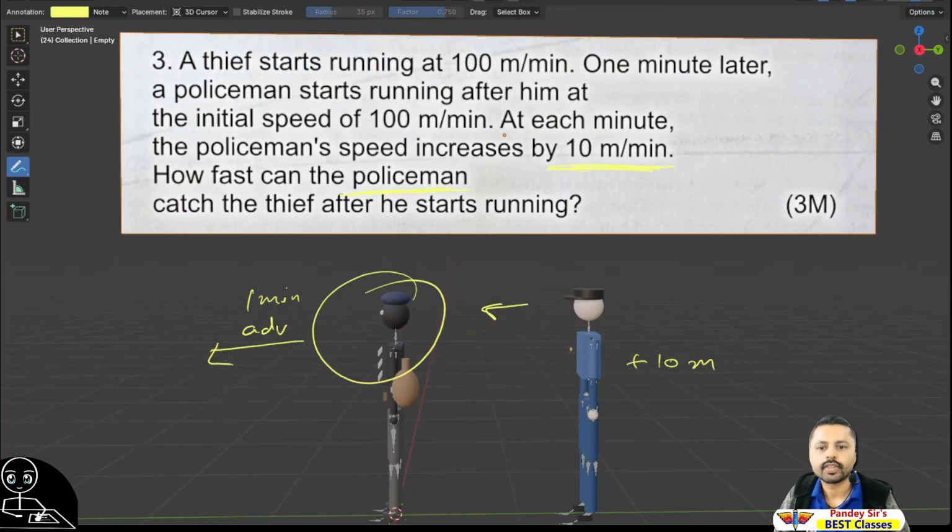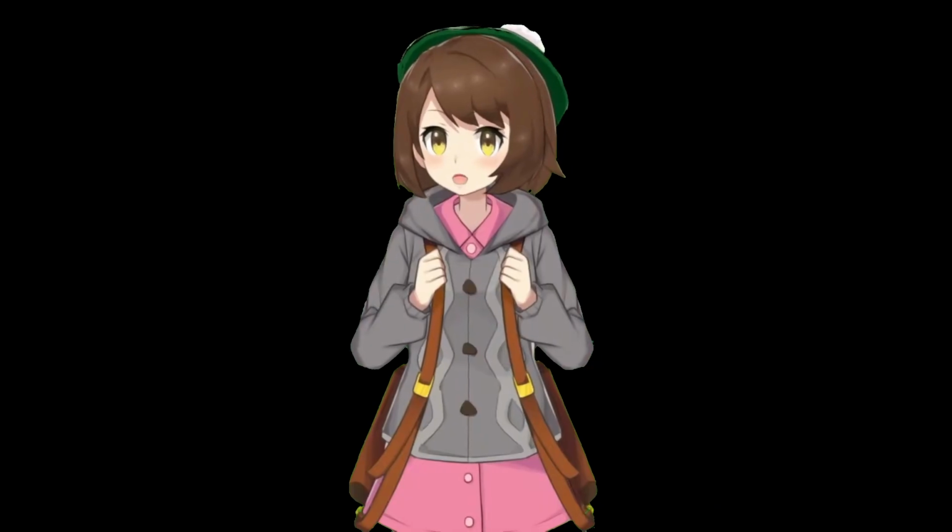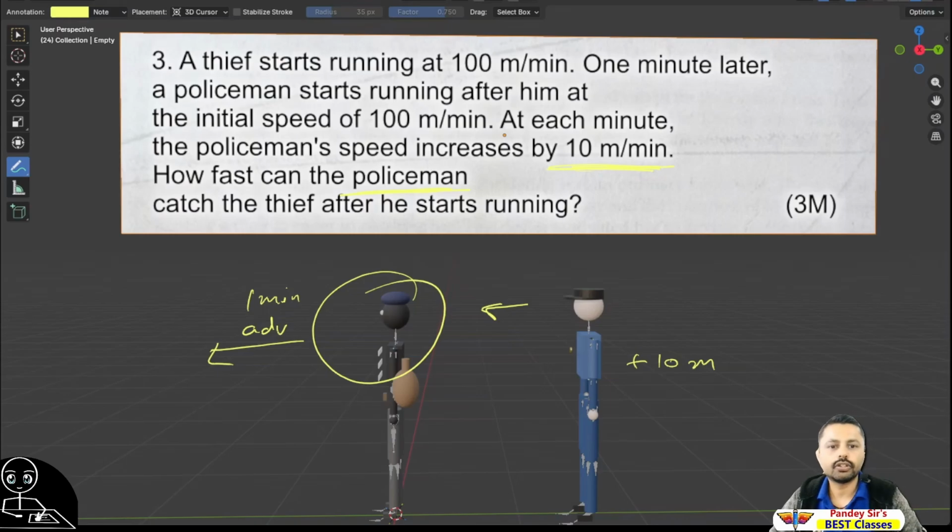Very interesting. Now, by the way, since the speed is increasing every minute, it's an acceleration. But in 10th class math, there is a chapter where you can tell, in a particular interval, if something is increasing, what it can be. It is from AP, because at every minute he is increasing the speed by 10.